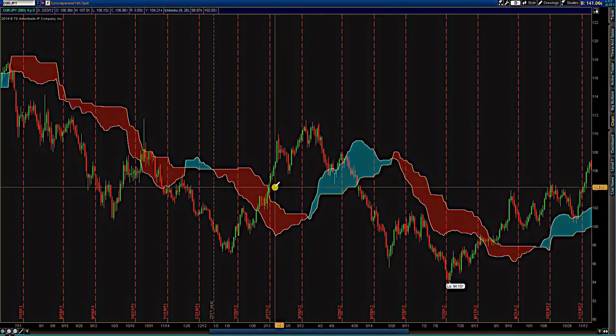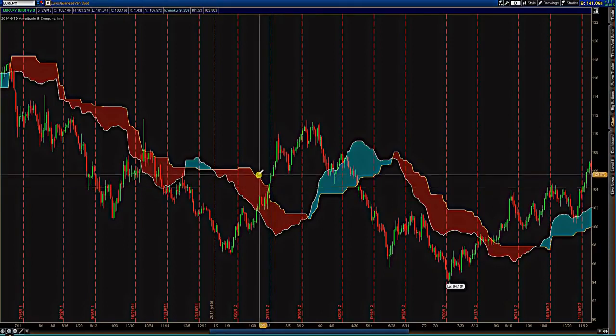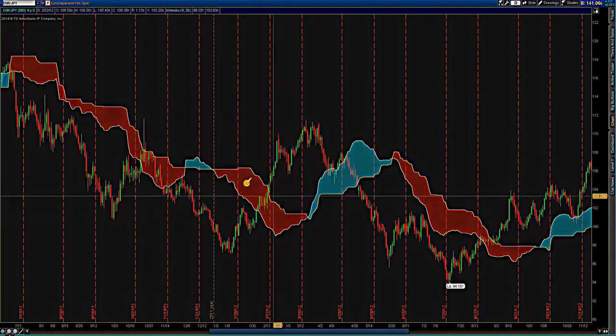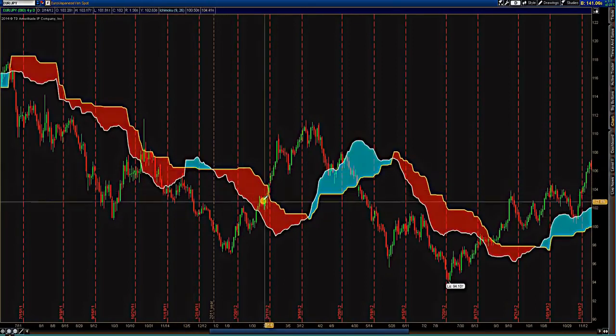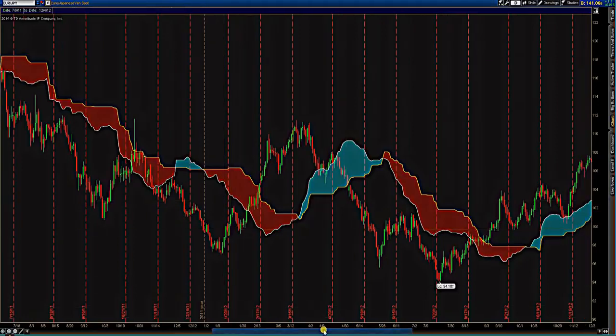If price is trading above the cloud, we are looking at a bullish sentiment, and we are looking to go long the pair. If price is trading below the cloud, we are in a bearish sentiment, and we should be looking to short the pair. When you look at this in one glance, we could just go through it.